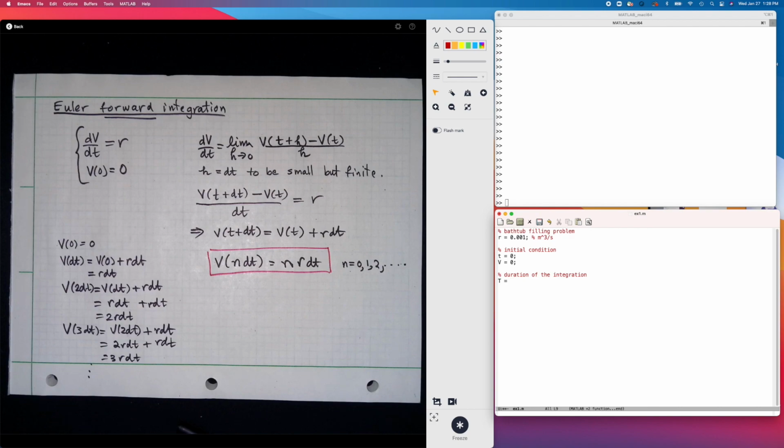In 2 minutes, that's 120 seconds. And so the number of time steps, n, is going to be T divided by delta t, plus 1. All right, so we did pick a delta t, which is our time step. Let's choose dt to be 1 second.